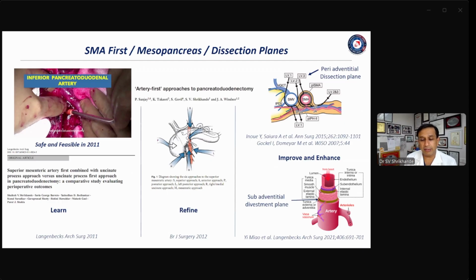Otherwise, they will all get big pseudoaneurysms or a rupture of the artery. But Yi-Meow tends to go a little bit deeper in the subadventitial plane so that you can avoid an arterial resection, making a near impossible locally advanced case into a possible case in this modern era.